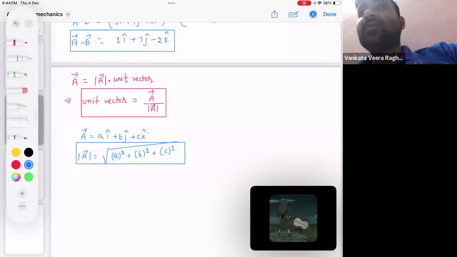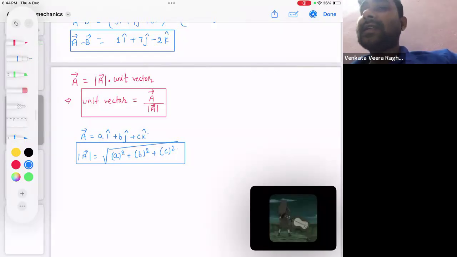And if a vector is a unit vector, I will say this magnitude is equal to 1, right? Because a unit vector has a magnitude equal to 1 unit. Is that clear? Clear about the unit vector thing? And sir, how do we convert a vector into a unit vector?